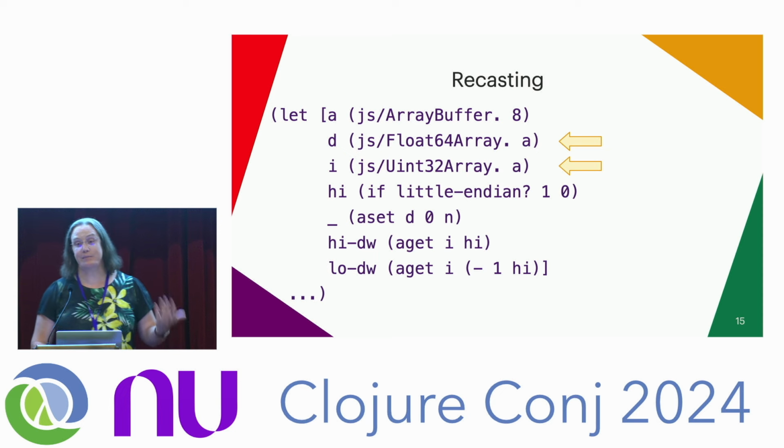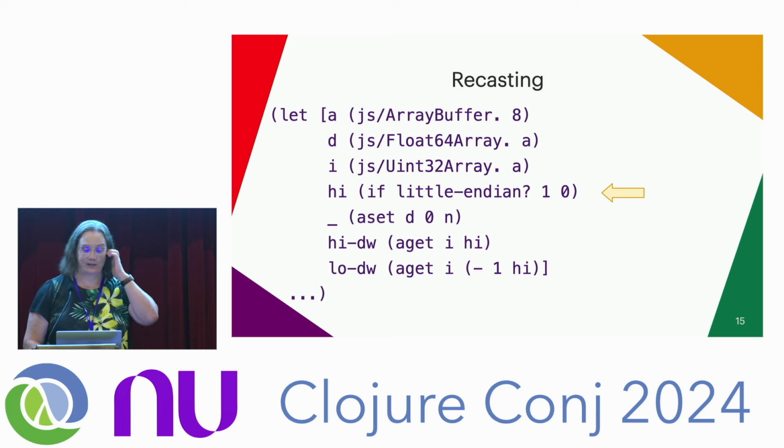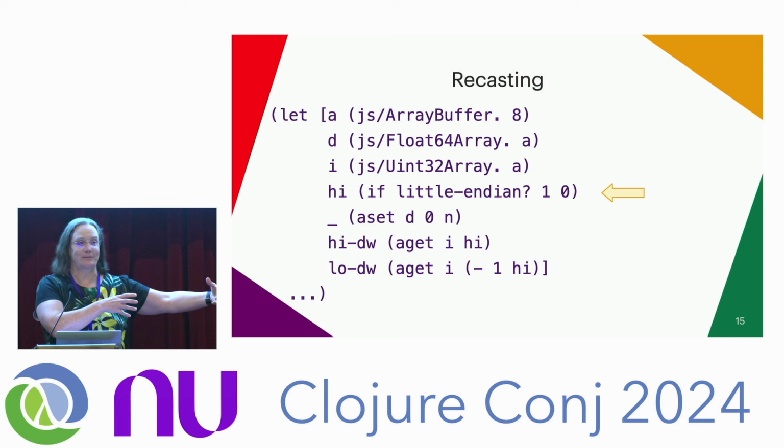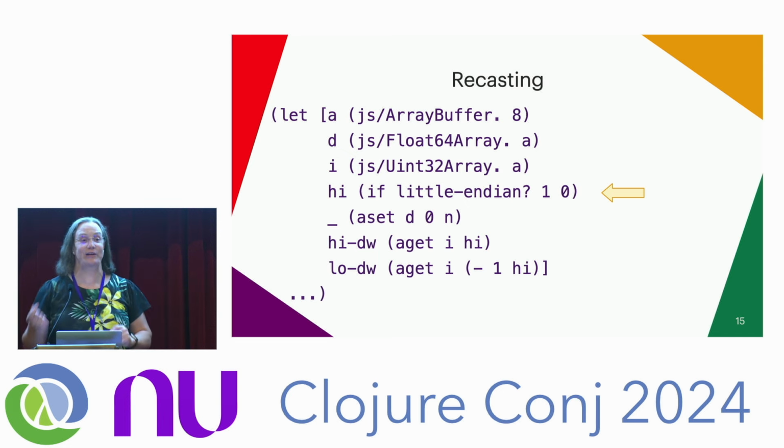Now, we may be on a big endian system, so we ask this flag of little endian, are you set or not? And we're going to set this high value to 1 or 0 based on that. And that flag we can calculate by simply putting data into such a buffer like this, and then looking to see where it ended up.